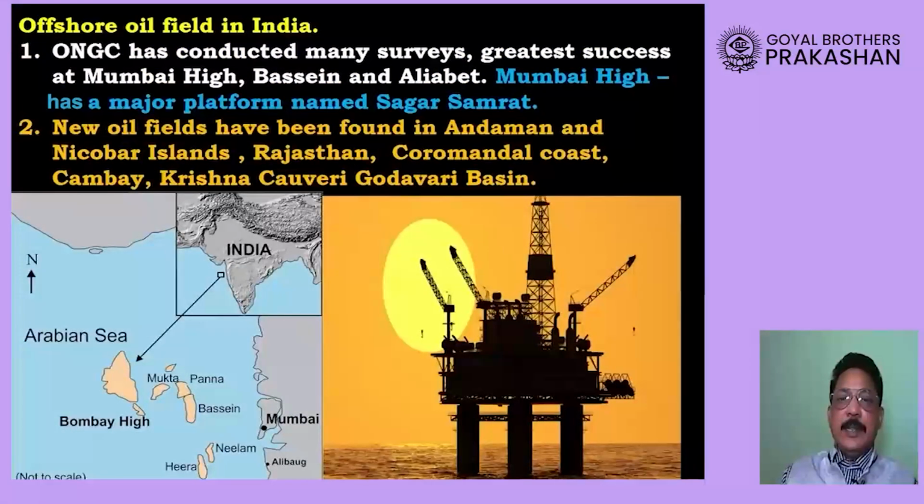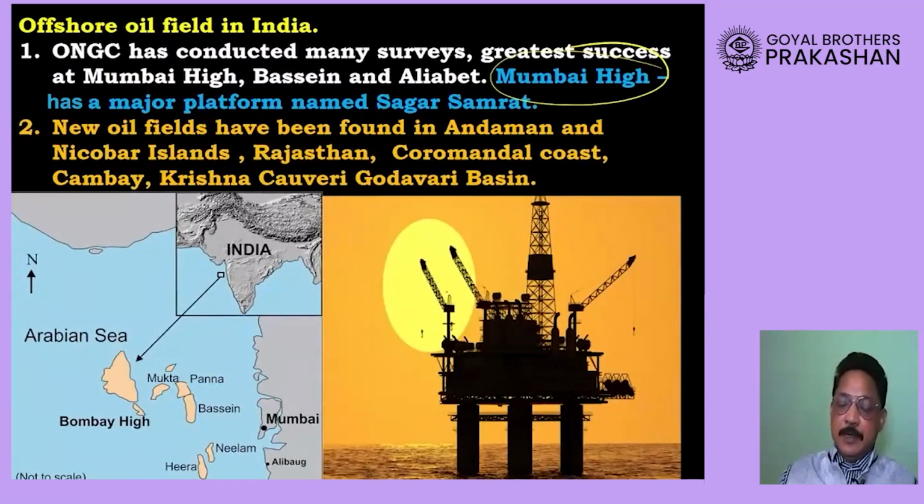ONGC, Oil and Natural Gas Corporation Limited, they have conducted surveys. That means they are involved in searching for petroleum in India. They have carried out a lot of surveys, and their greatest achievement is to find Mumbai High as a place for extracting petroleum.